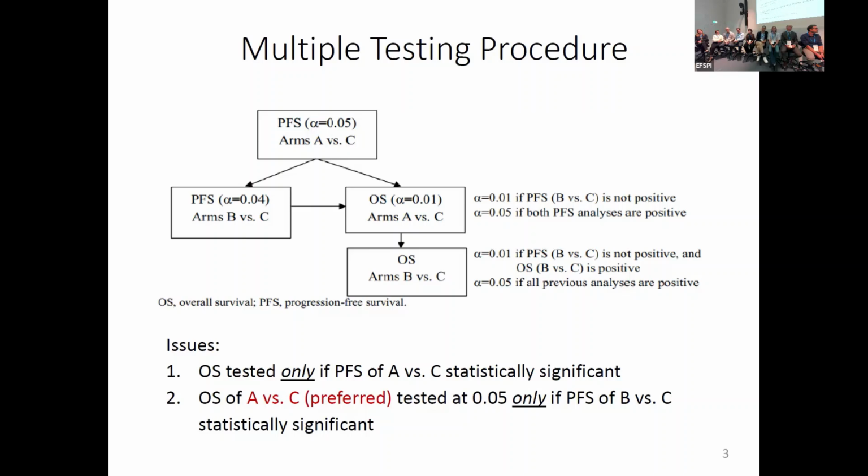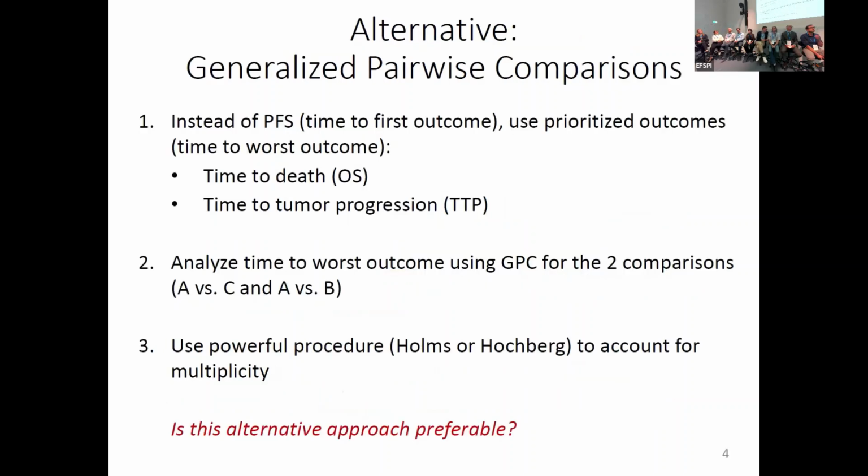So I would suggest that there is an alternative way, which is probably something that didn't exist back then, but it exists today. You could use an analysis of generalized pairwise comparisons, and the win ratio is the most commonly used form of it, unfortunately, because it's not very good. But the win ratio you can use, and then use an analysis of time to worst outcome rather than time to first outcome.